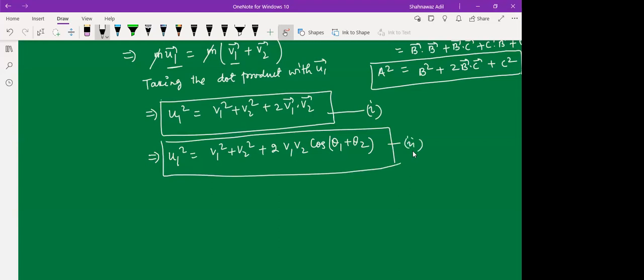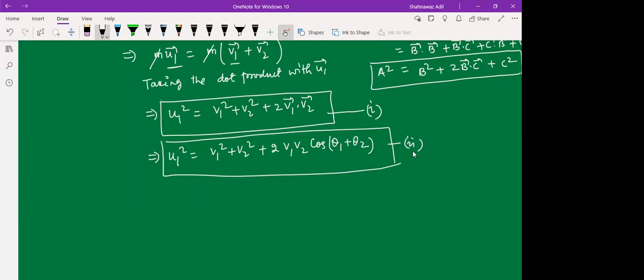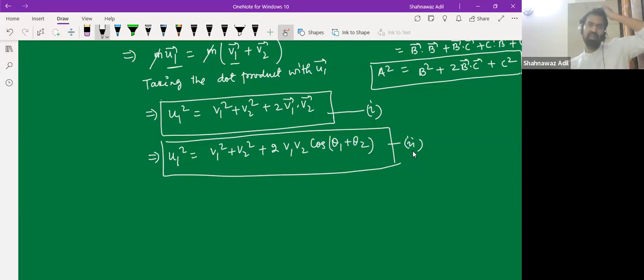Now we have this one. What is the other thing that we know? U2 is 0, we have already taken that, right? And remember, this is an elastic collision.